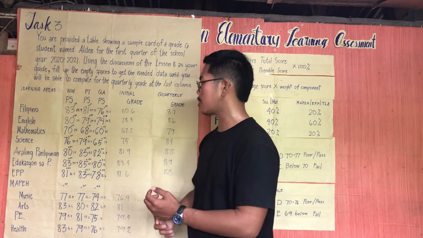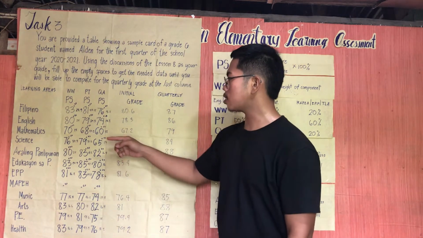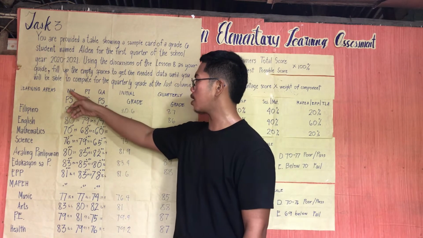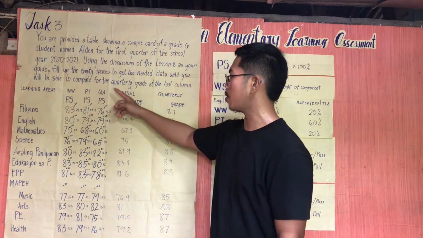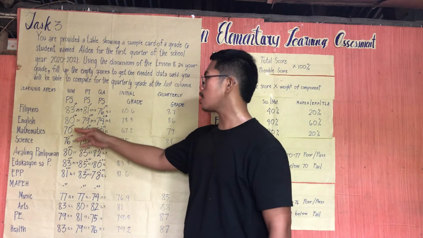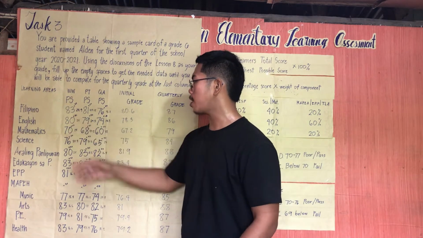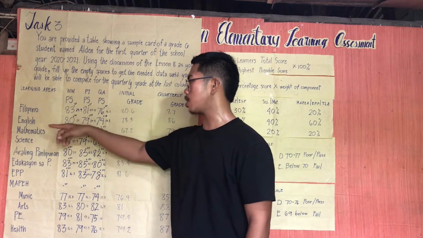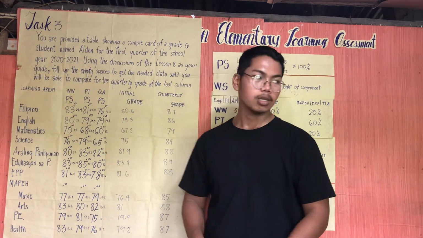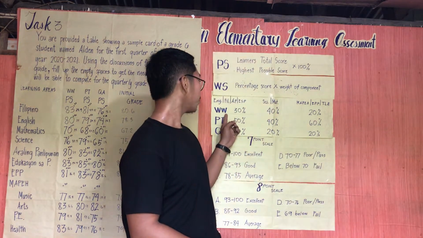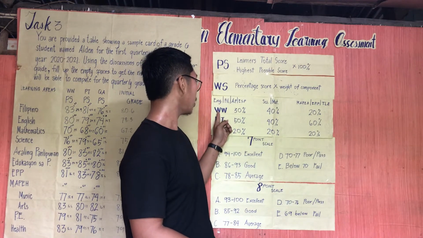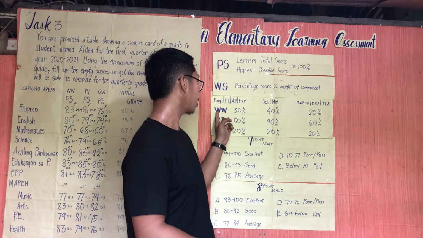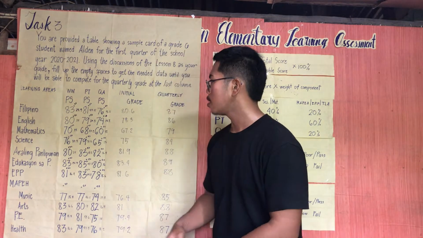And so we will find out the weighted score for each component. 80, we will multiply it by 30% because the weight of component of the subject English is 30%. Just look at it: for English, the weight of component of written work is 30%.